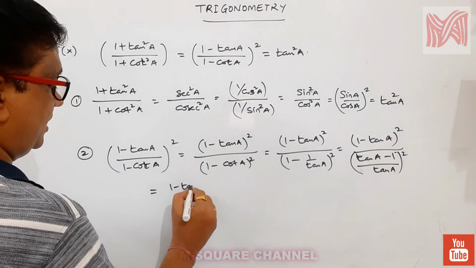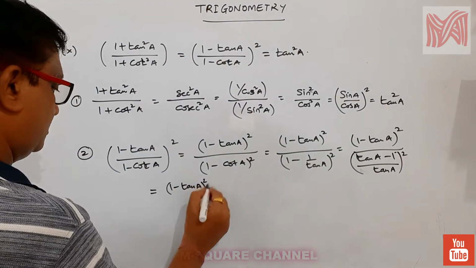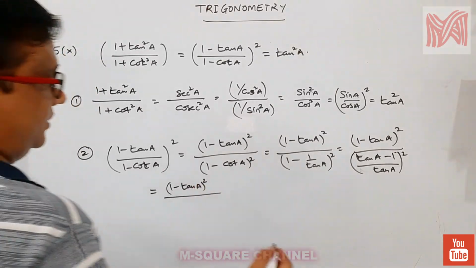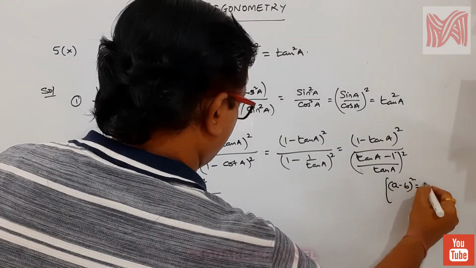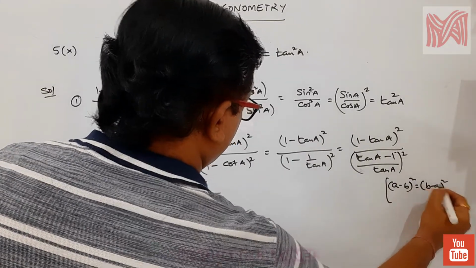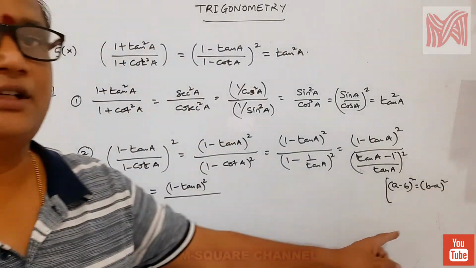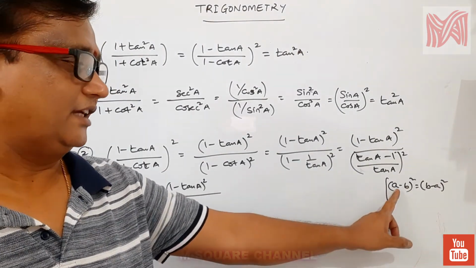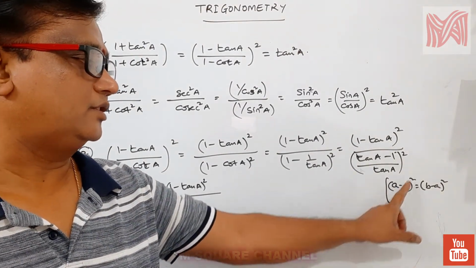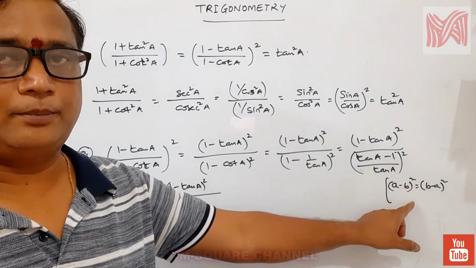Now, first remember one thing: A minus B whole square equals B minus A whole square. Both are the same since it is a whole square. If you interchange the terms, A minus B or B minus A, the whole square is purely positive.